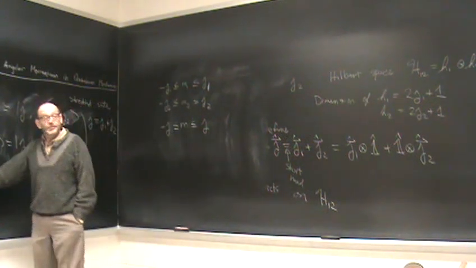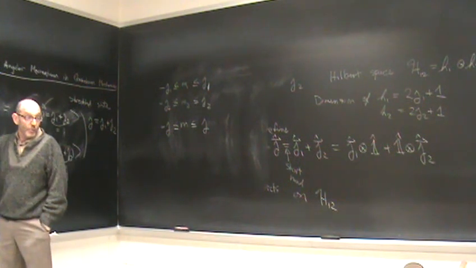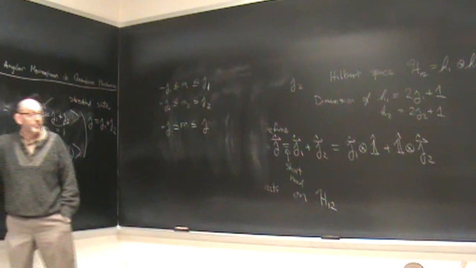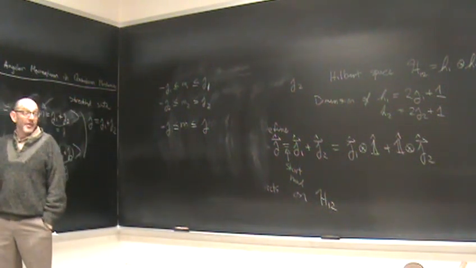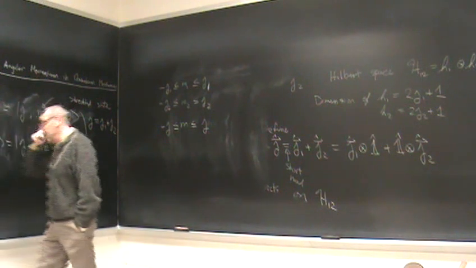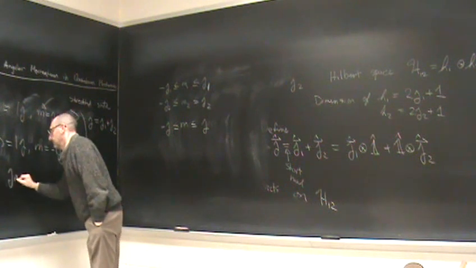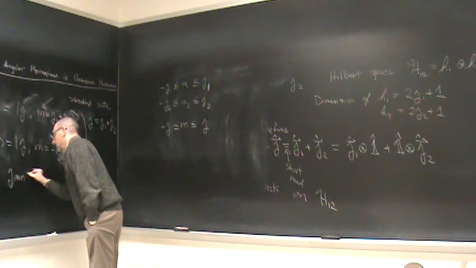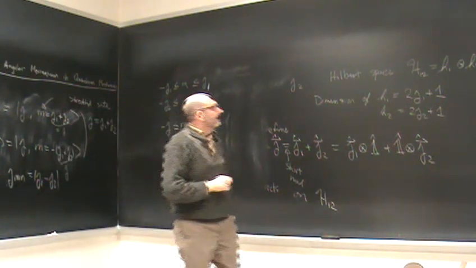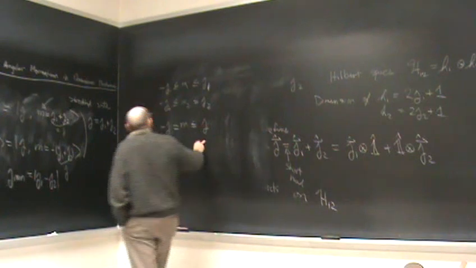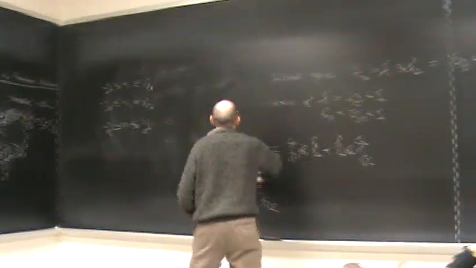Because it must be the case that J is the eigenvalue of J squared, but the minimum possible value it could be, depending on the M values you can have, is the minimum possible J, the absolute value of the difference. We could see that, I think, from these inequalities.